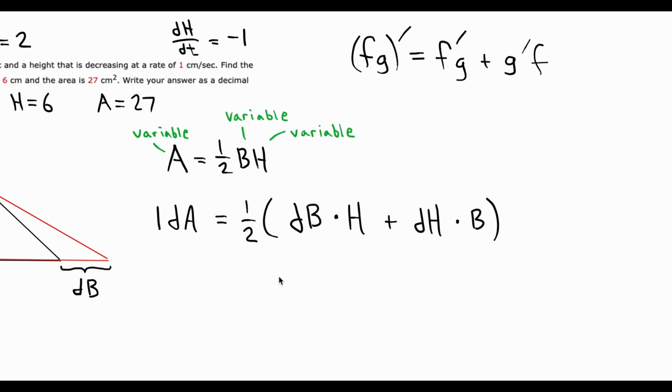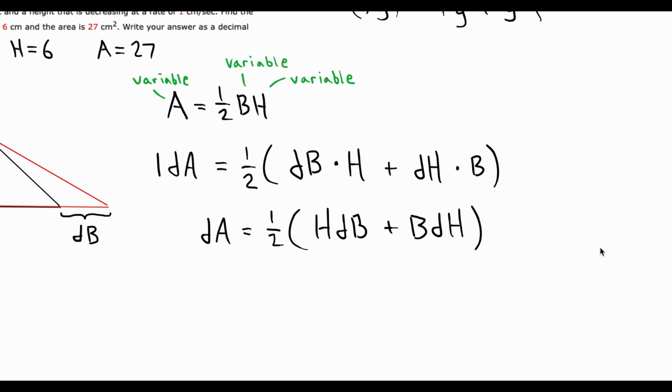Now we could just try to simplify a little bit. And my next step would be to divide all terms by dt. So we can get a relationship between the rates.